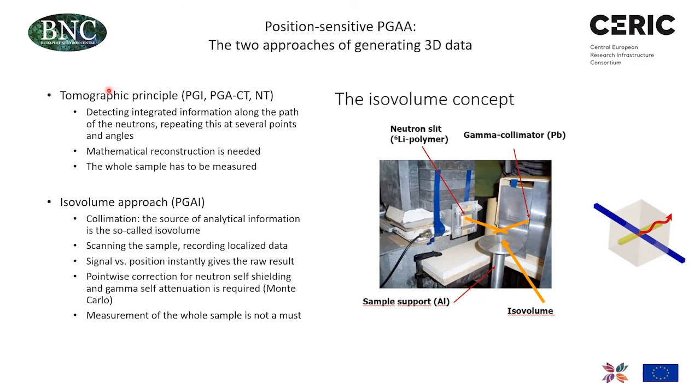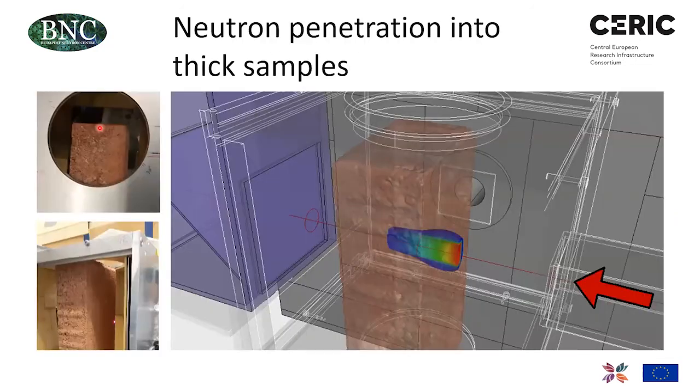There are already development phase detectors which will have, let's say, 1 millimeter pixel resolution, and this will open the way for the future to apply this more productive measurement technology for generating really three-dimensional data. But until we reach that point, we use this isovolume approach.